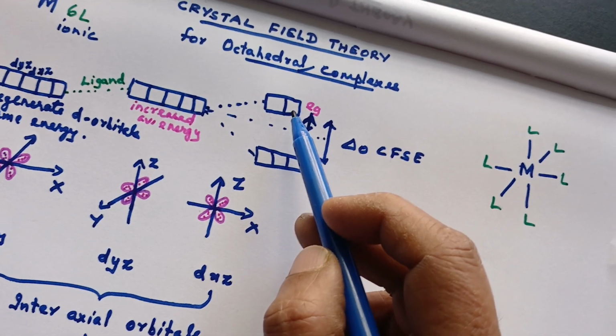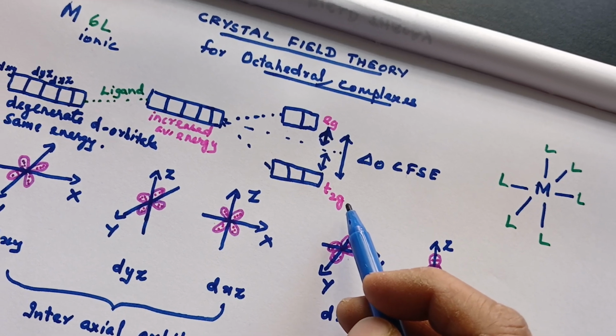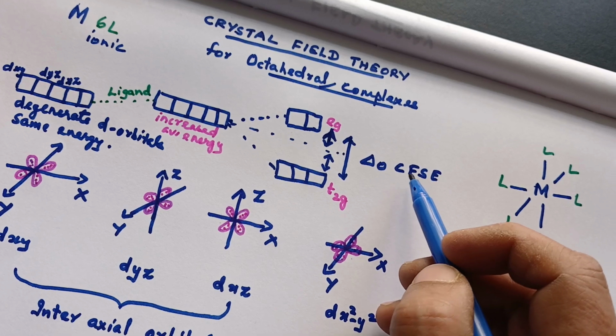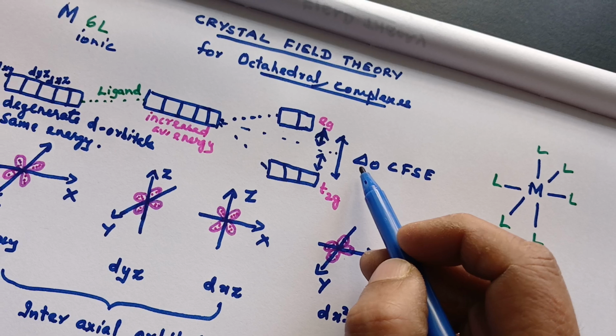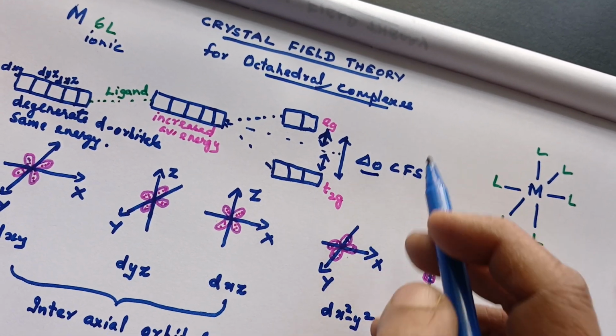And the energy gap between the Eg and T2g is called the crystal field splitting energy. Here it is represented as delta O, representing octahedral complexes.